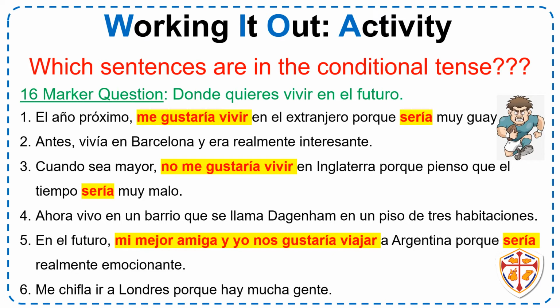And lastly, on sentence number 5, we've got mi mejor amiga y yo nos gustaría viajar, which is my best friend and I, we would like to travel. So again, it's an example of one of the forms that we learned in the previous video, which is using the we form.